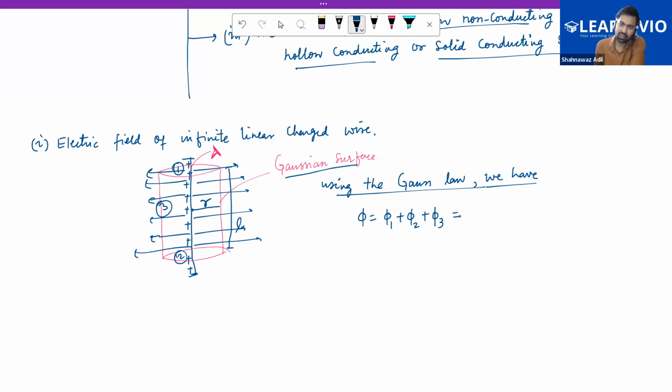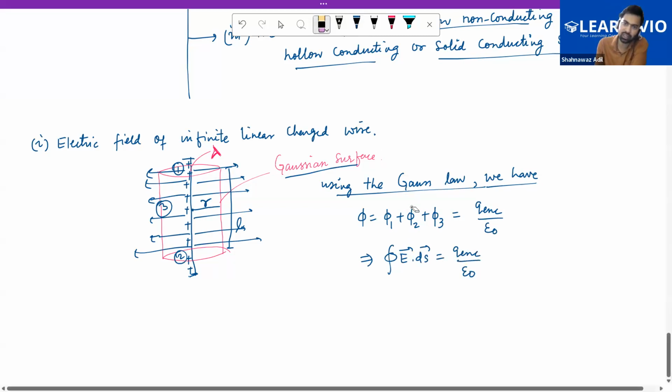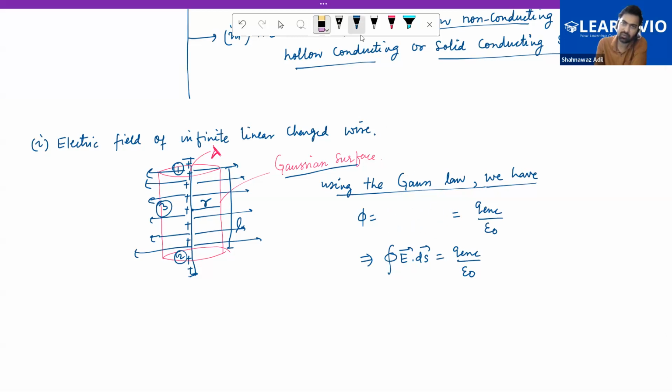And this is Q enclosed by epsilon naught. We know the closed integral of E dot ds equals Q enclosed by epsilon naught. Let's first write the left side. Now you will see the importance of this Gaussian surface.